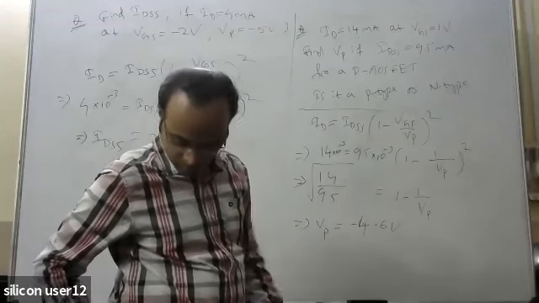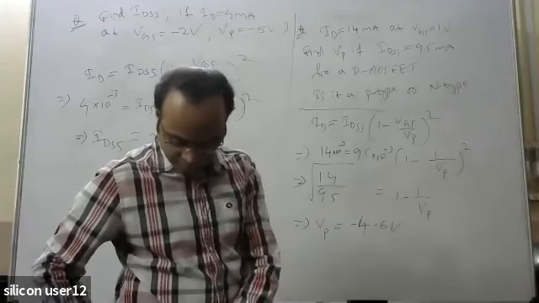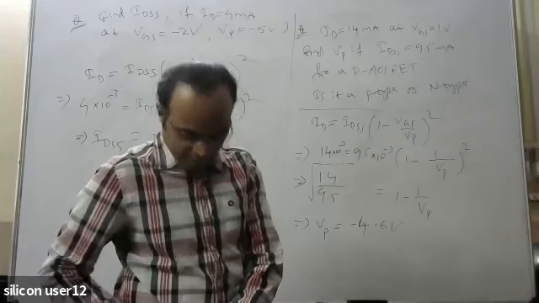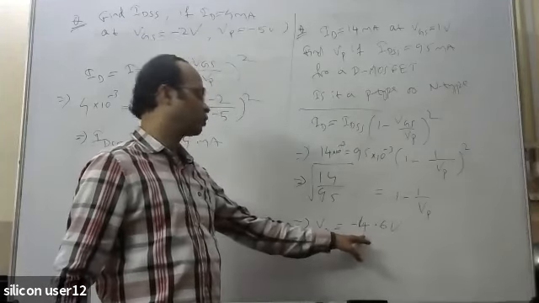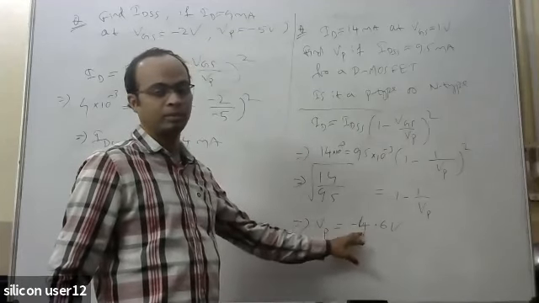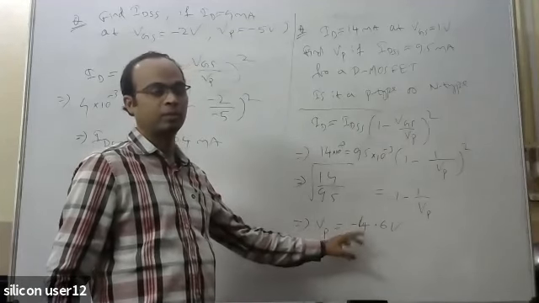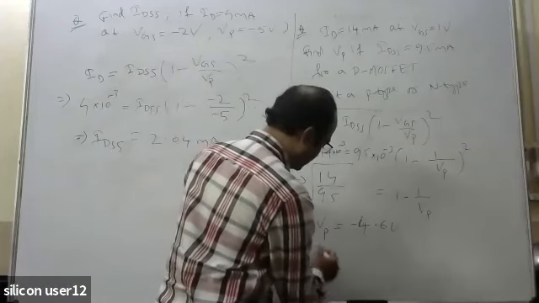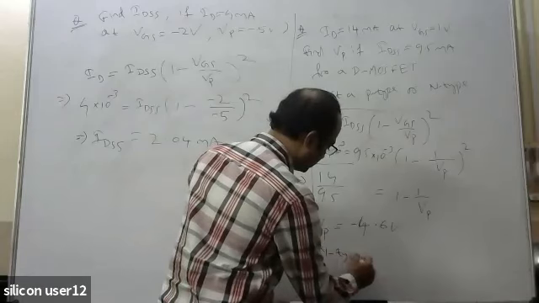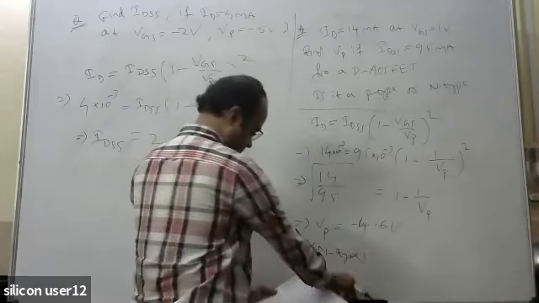Sir, N type. Yes, N type, because in case of an N type MOSFET, the pinch-off voltage VP will obviously be negative. If it is negative, then it should be N type. If it is positive, then only it will be a P type. So this is indicating that it's an N type.